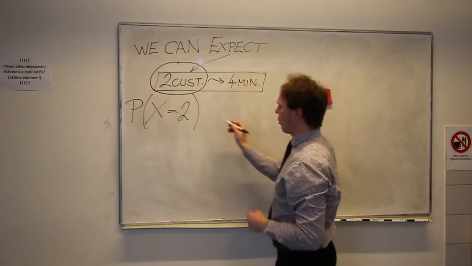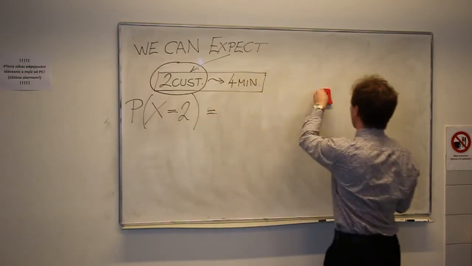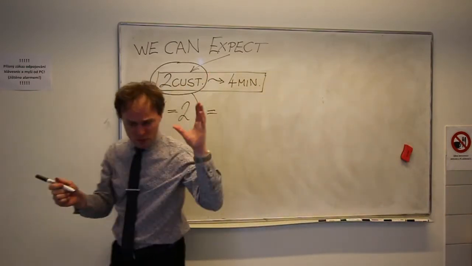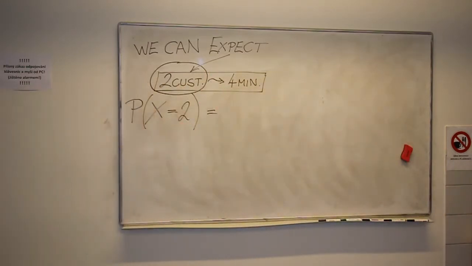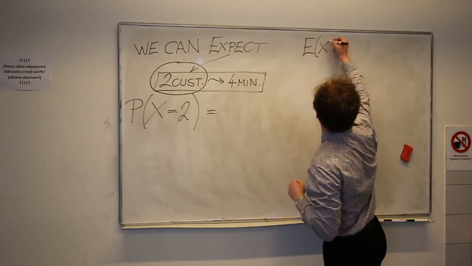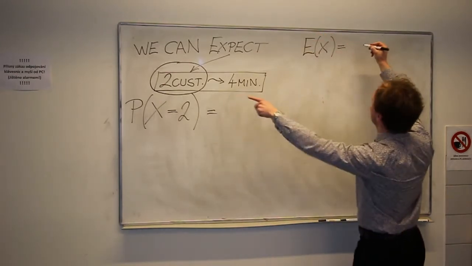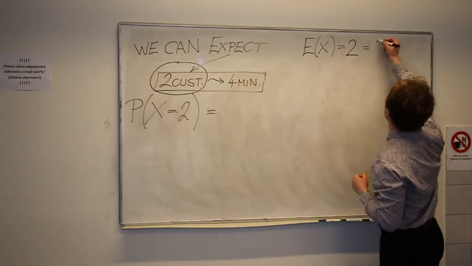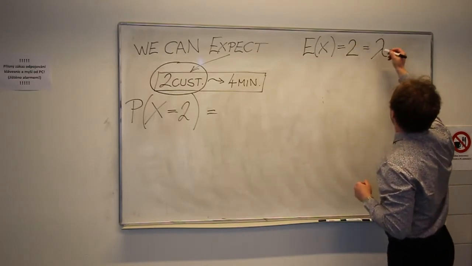And we would like to calculate this probability. And because we can expect these 2 customers within 4 minutes, I will check your formulas and find the distribution where the expected value is equal to 2 customers, and this expected value is equal to the parameter lambda.